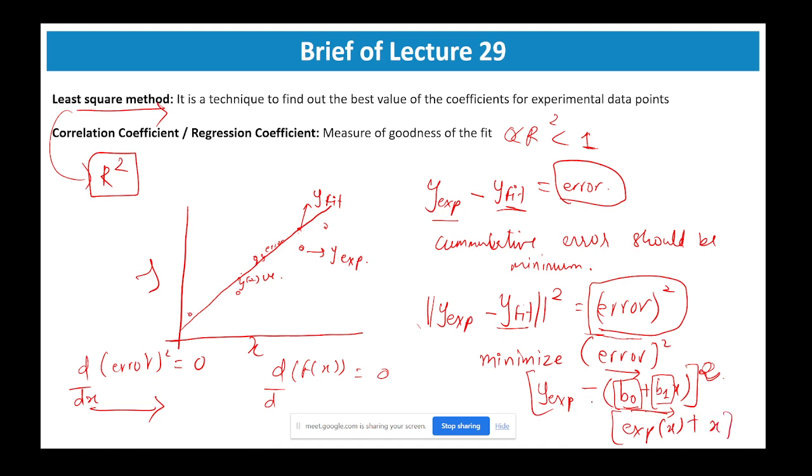Any function you can write simply in this manner, and you need to minimize this overall function such that the sum of square of errors is minimum, not 0, it is minimum. By finding it that way, you will be able to find out these constants, and you will be able to know whether the fit is good or not.